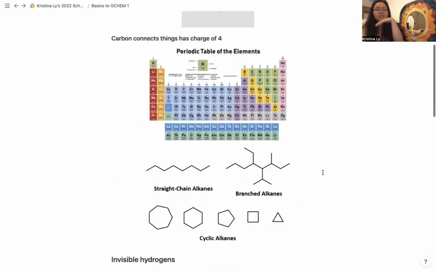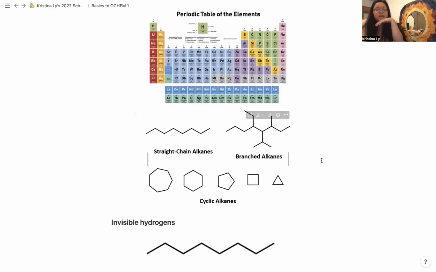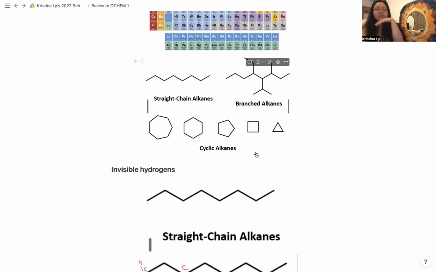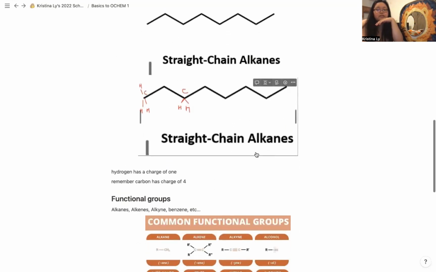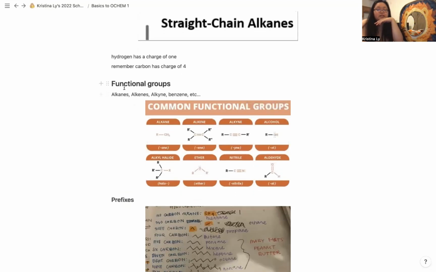But the suffix is what is named afterwards. So alkanes, alkenes, all that fun jazz, but you're going to end up using the end parts of the suffix. So if I have alkanes, it'll be anes. Alkenes, which is the double carbon, would be enes.